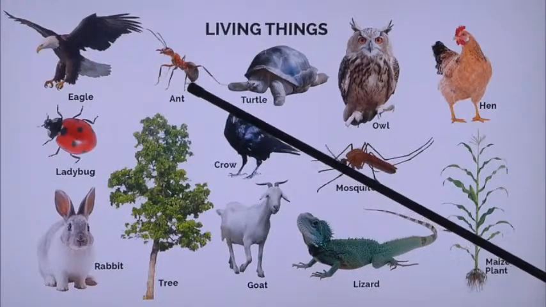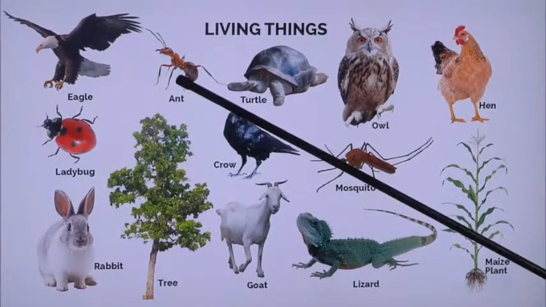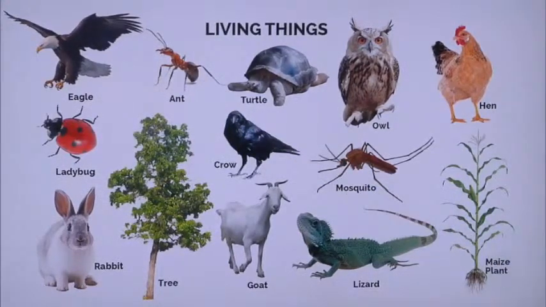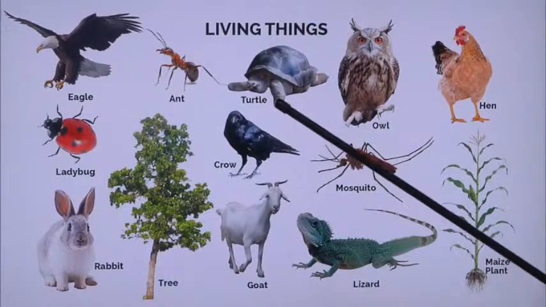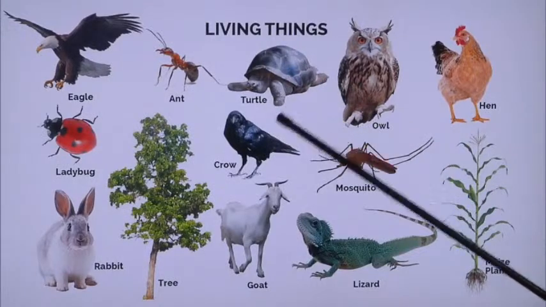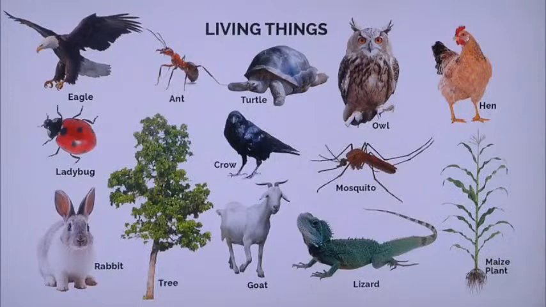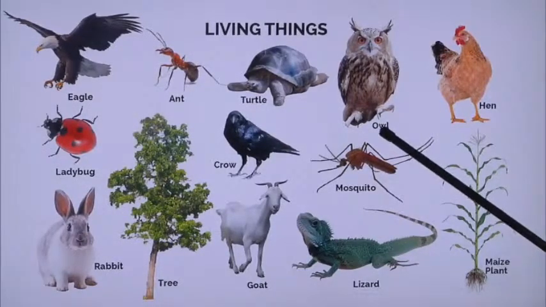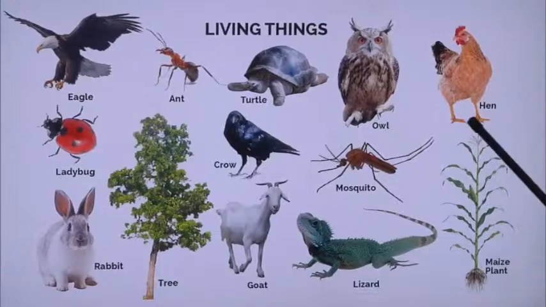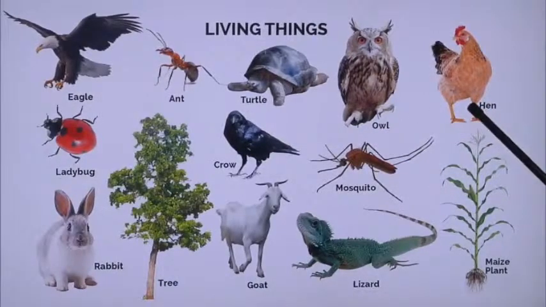Ants. An ant is an insect. The next picture is a turtle. A turtle is a shelled animal. The next one is an owl. An owl is also a bird. We have a hen. A hen is a bird.